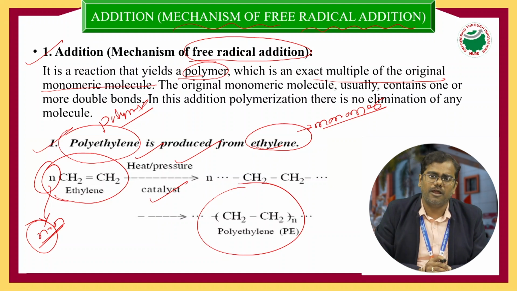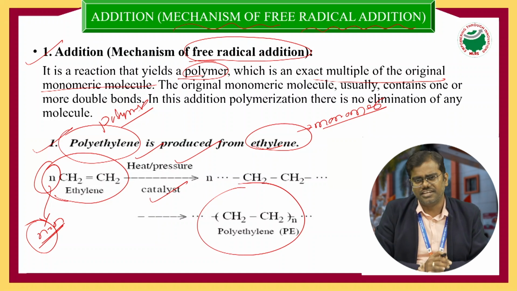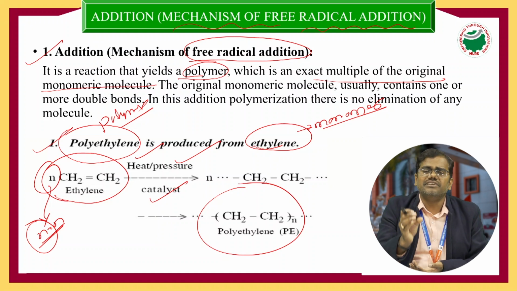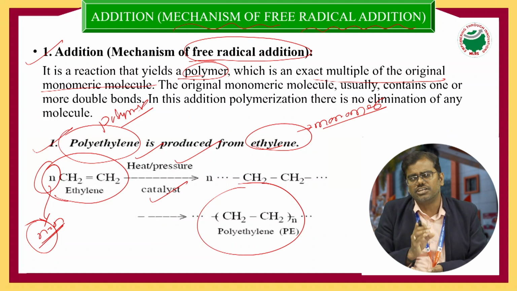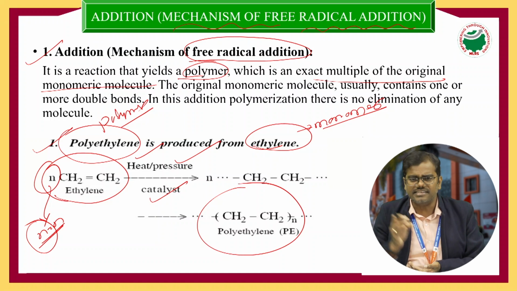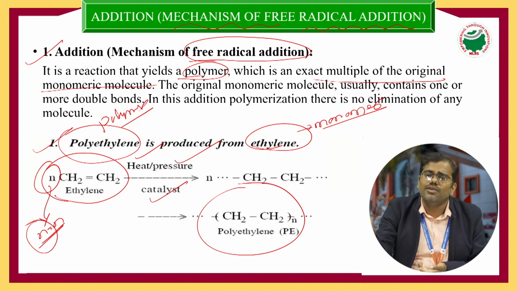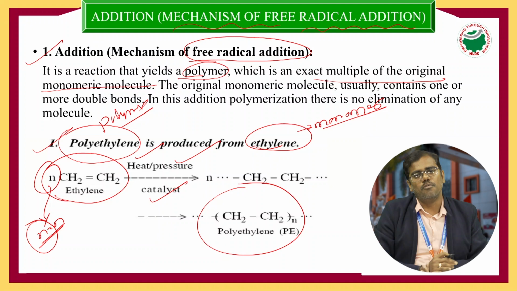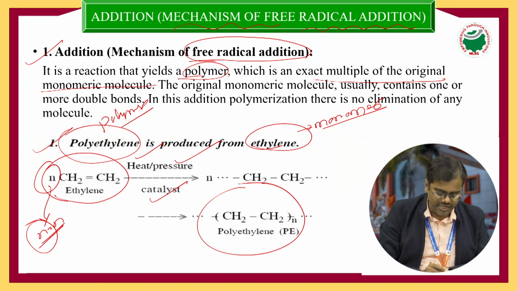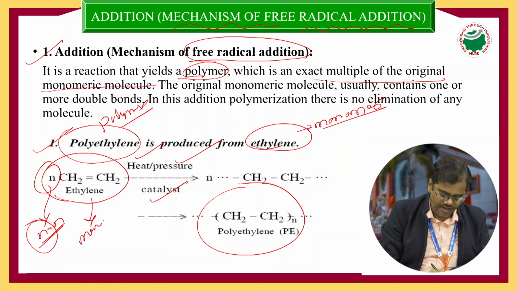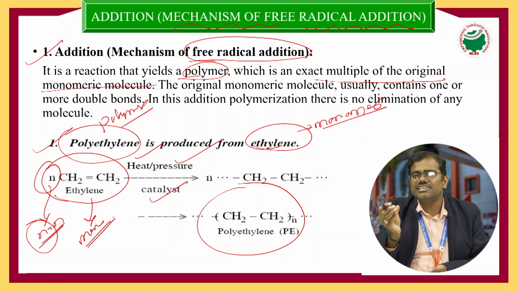In this addition polymerization, we are using initiators. After cleavage of the initiator's bond, it forms free radicals, and these free radicals add to the monomers. What is the monomer? Our monomer is ethylene. So the initiator adds to the monomer.